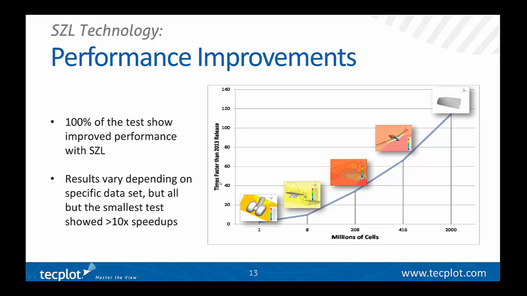And the time it takes, how much faster it is than our Tecplot 360 2013 release, which was the last release before EX. And you can see that all cases are actually faster, and anything more than 8 million cells is at least an order of magnitude faster. And we actually get up to 2 orders of magnitude faster with our largest case of 2 billion cells.